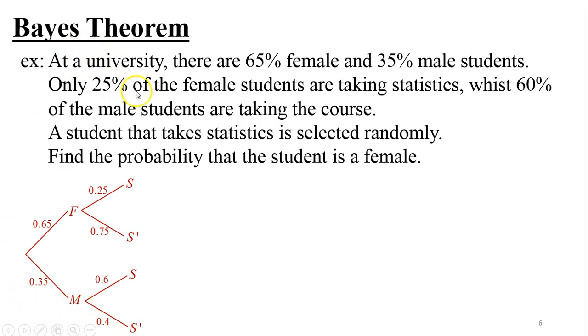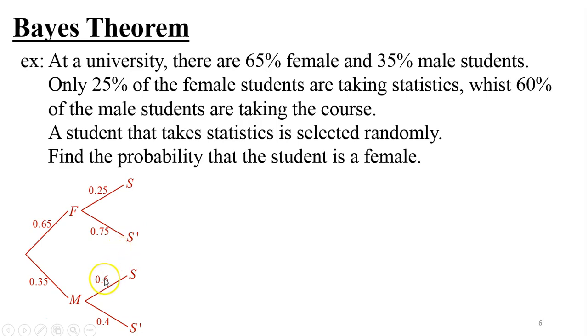Now, when we say 25% of the females are taking statistics, it means that selecting a female is a realized event. So the 25% or the 0.25 is the probability of taking statistics given that it's a female. And similarly, if this is 0.25, this is 0.75, of course, the probability of a female not taking statistics.